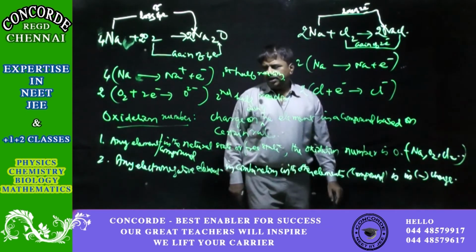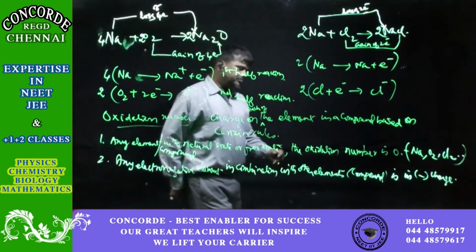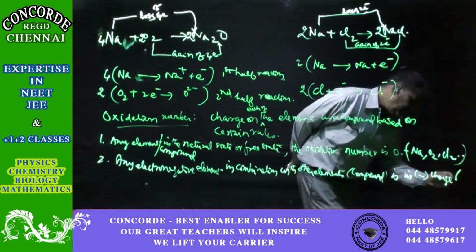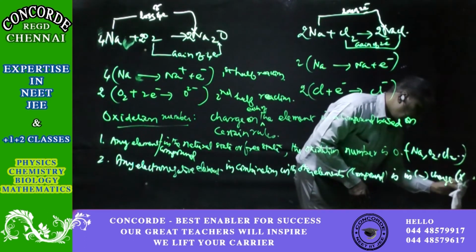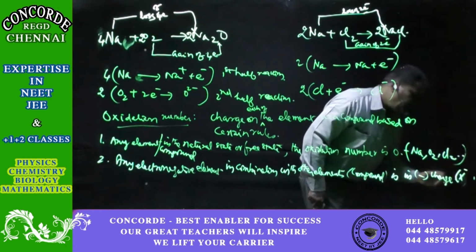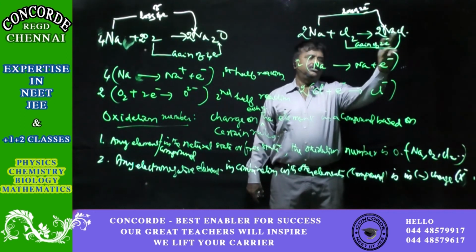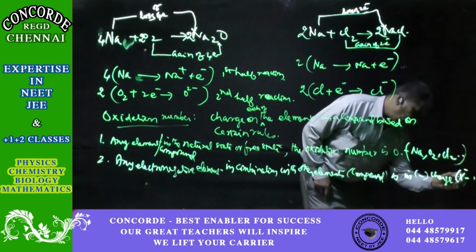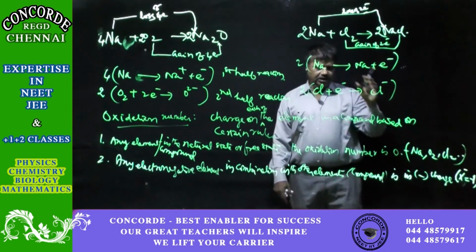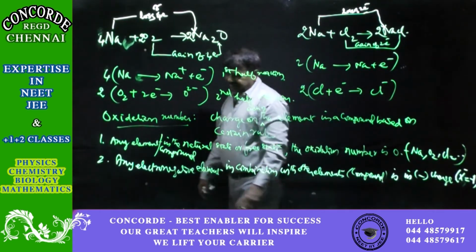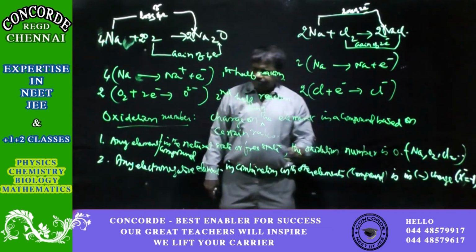For example, if you take chlorine, bromine, iodine, all halogens X2, because they are available as, say, sodium chloride is available as Cl. So all halogens will be -1 because they can accept one electron.